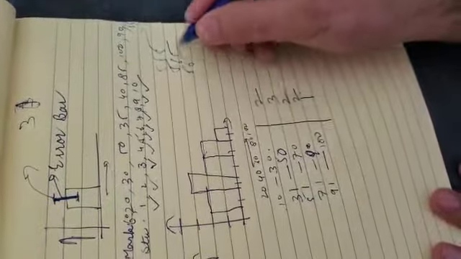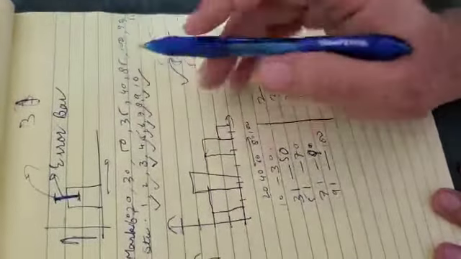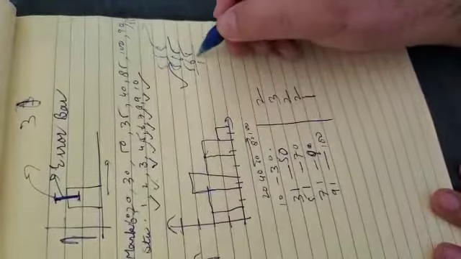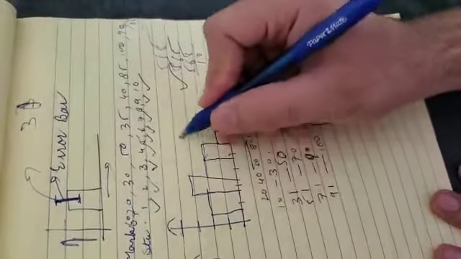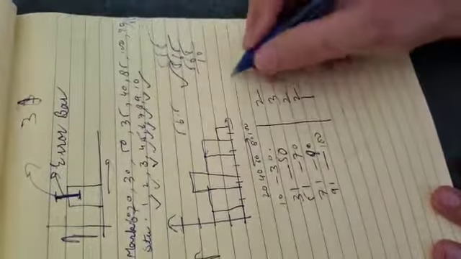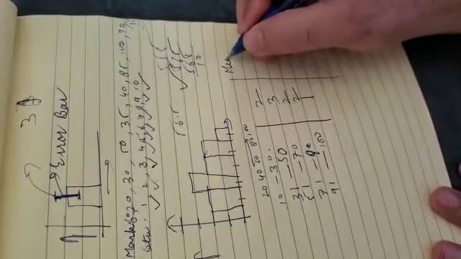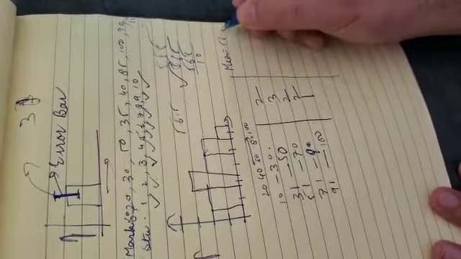So 565 is the sum of all these quantities, divided by 10. Comes out to be 56.5 is the mean. So mean is 56.5.